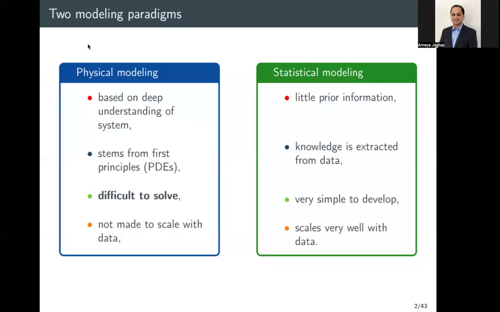Just one question. What do you mean by not made to scale with data? Okay, let's say you're going to solve the Navier-Stokes equation in a particular regime. You simulate from some given initial condition, and if your initial condition changes by even a slight amount, you don't know the solution of the Navier-Stokes equation.